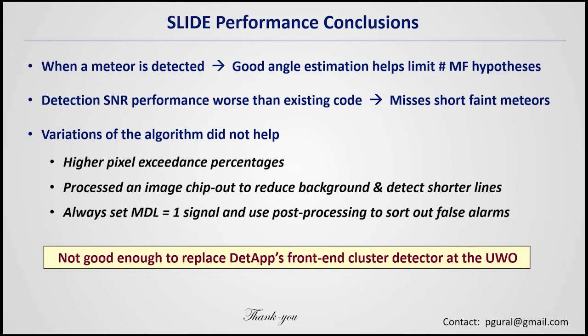I tried various variations of the algorithm, looked at deeper thresholds at the front end, and processed only a small chip out of the image to try to avoid this issue of not spanning the focal plane and to detect shorter lines, and also looked at setting the MDL level to 1 signal at a time. All of these really did not get us down to the level of performance that we currently have with the DEDAP, and so unfortunately we would not be using this algorithm.